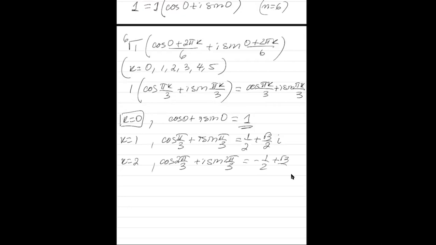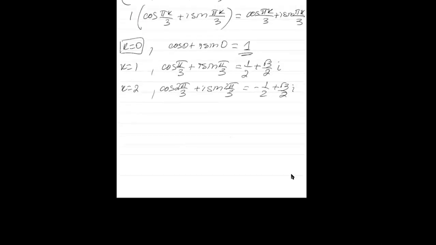If k equals 1, you're going to have cosine of pi over 3 plus I sine pi over 3, which is equal to cosine 60 is 1/2, plus root 3 over 2 I. So this is another root. That's the second root. Then k equals 2, you're going to have cosine 2 pi over 3 plus I sine 2 pi over 3, which is negative 1/2 plus root 3 over 2 I. And so on.